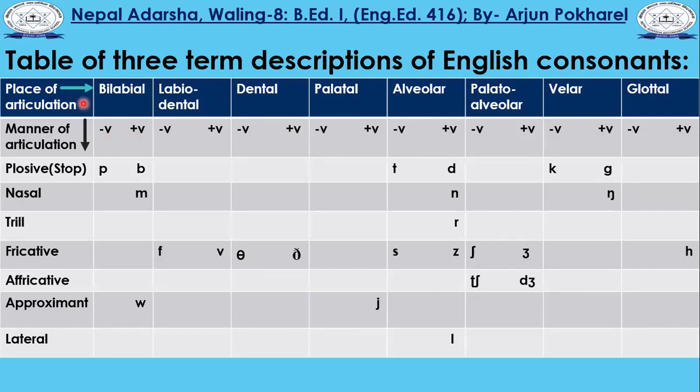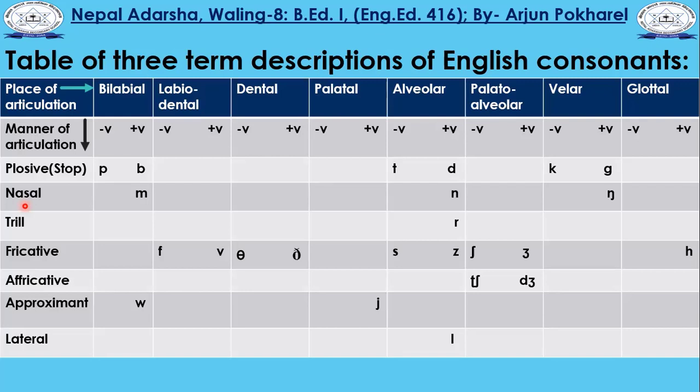In terms of place of articulation, there are 8 different types, and in manner of articulation we have 7 different types.